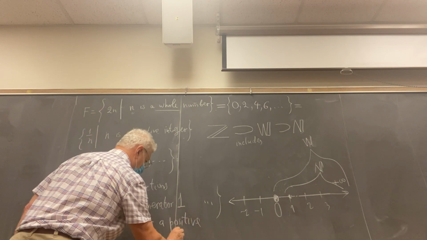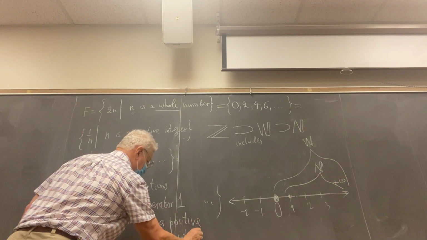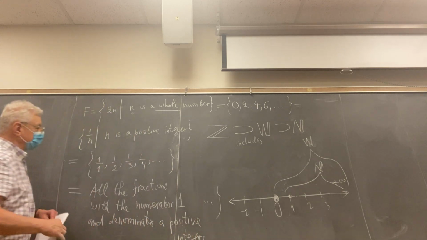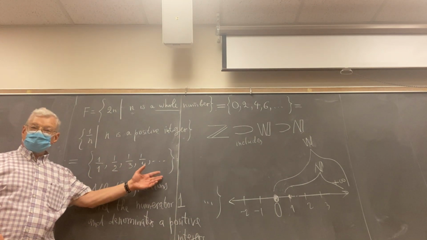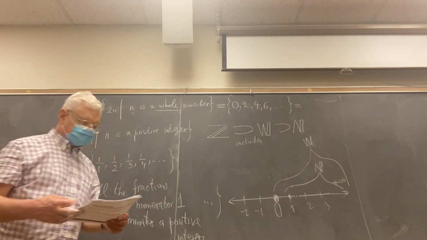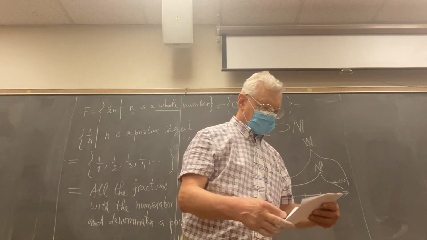Positive. You see how many words I used. Instead of that, I just throw this one or decipher and got that set. Okay, all the sets could be described this way.